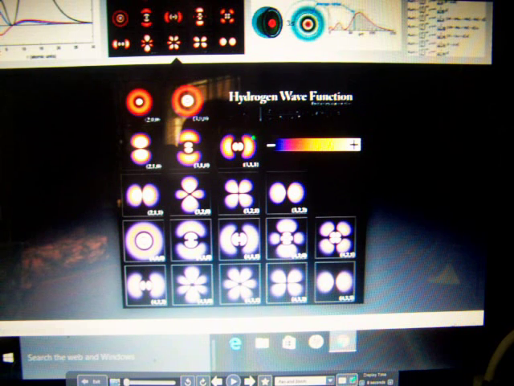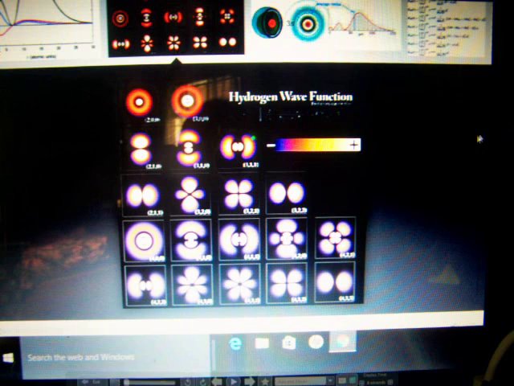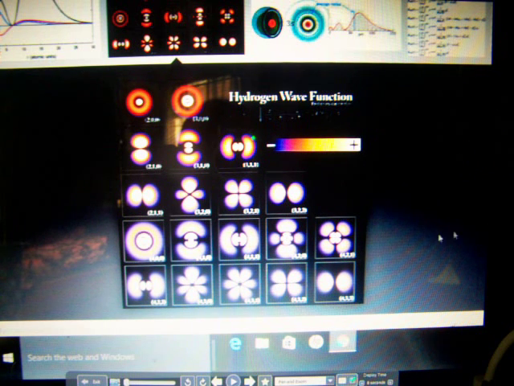Okay, starting another video. Now this you see is something I got online, a picture of hydrogen wave function. I was just looking at this one day and I realized that these little patterns look very much like what I get in my orbs when I take pictures of orbs.